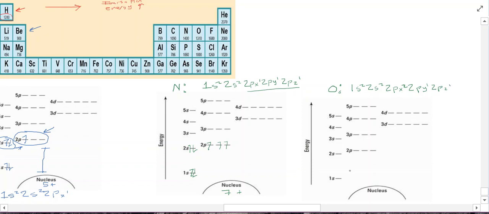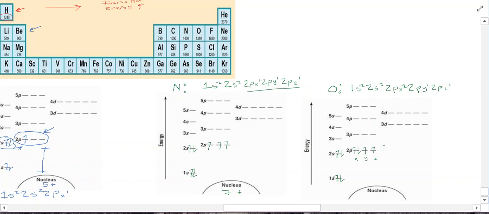So what does that look like? You have 2 electrons here, 2 here, and then 2 in this one. This is the x, this is the y, and this is the z sub energy level.